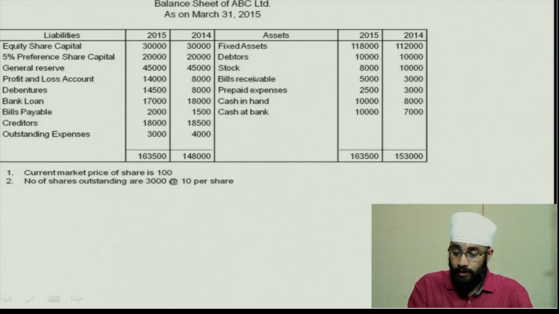So in the balance sheet, you have debtors, which is a current asset. You have stock, bills receivable, prepaid expenses, cash in hand, cash at bank. In fact, apart from the fixed asset item, which is at the top of the asset side of the balance sheet, the rest of the items are current assets.